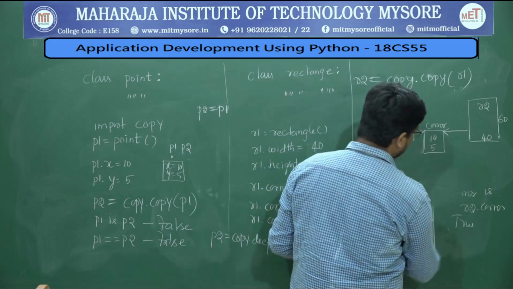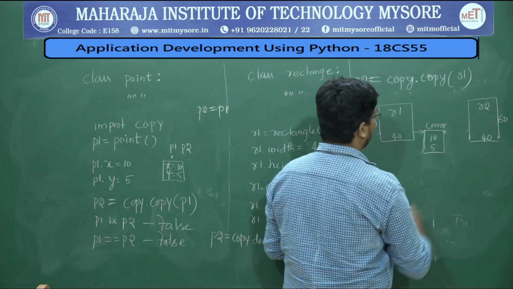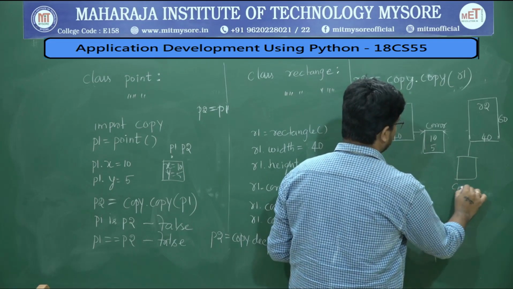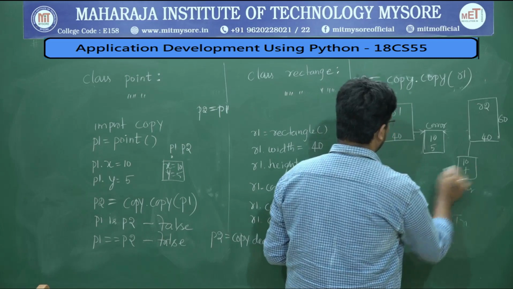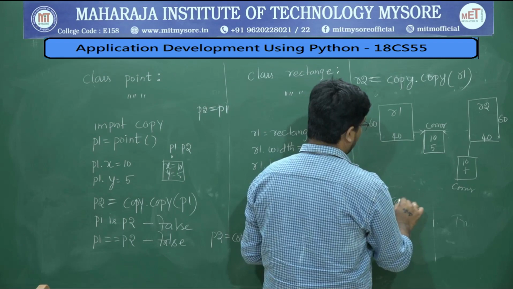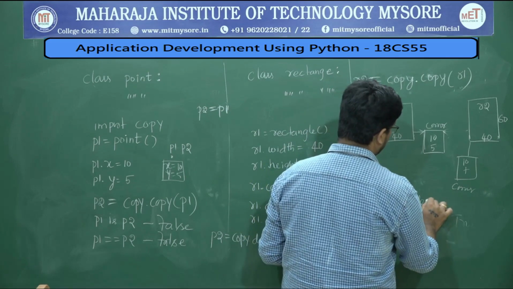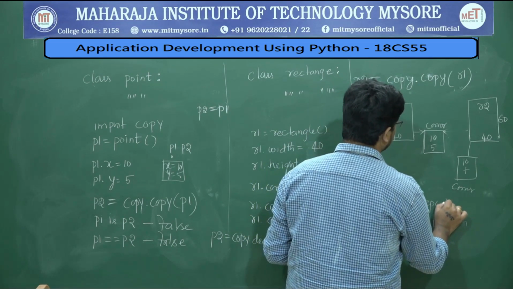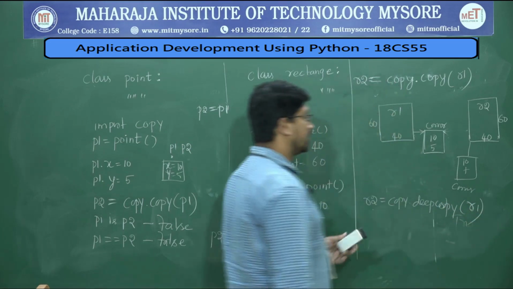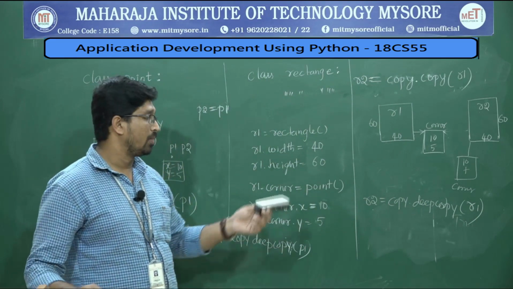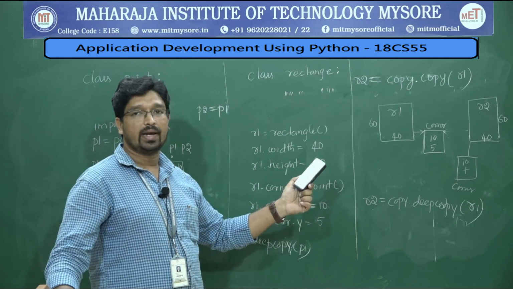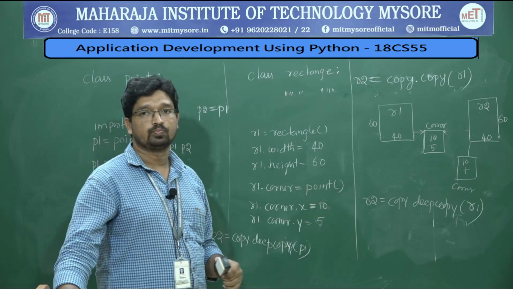If you want a separate corner for the R2 object also, then you should write R2 is equal to copy dot deep copy of R1. Then two separate individual copies get created for R2.